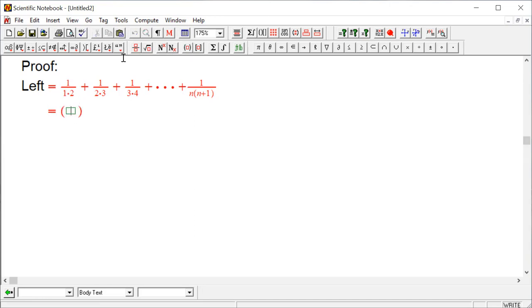This piece is equal to 1/1 minus 1/2. Okay, you can pause the recording to verify that. Well, it's just 1 minus 1/2. 1 minus 1/2 is 1/2. And this piece is equal to 1/2 minus 1/3. Okay, you may like to pause the recording to verify that, right?